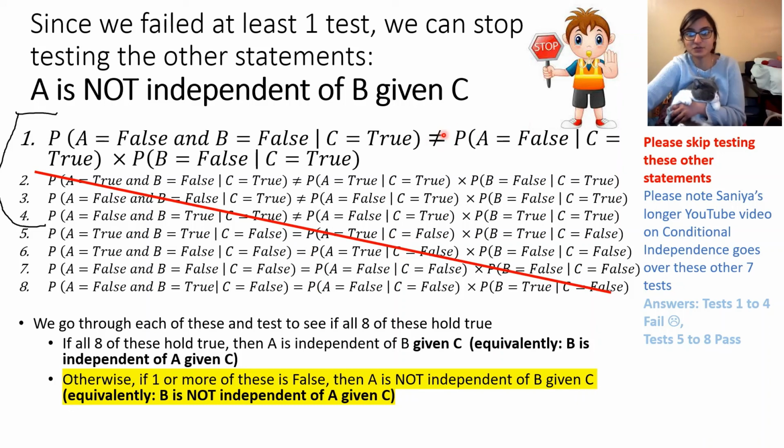Because the first one was not equal, we said they're not conditionally independent given C. But this is what you would get if you were to solve out the others. And again, I have a long video on YouTube going through all of that too, in case you're wondering.